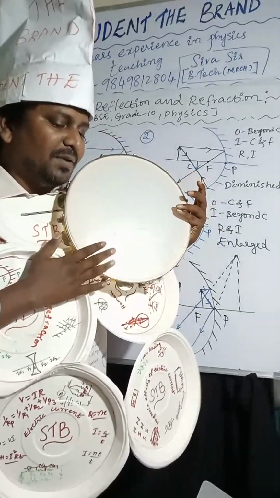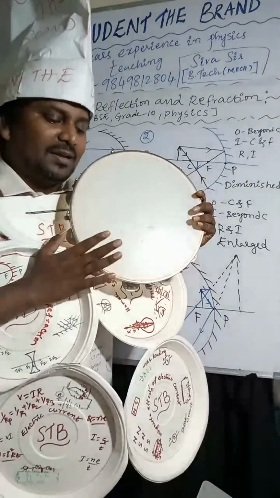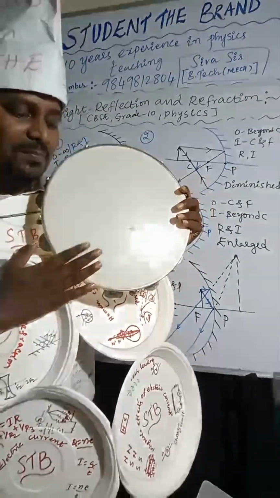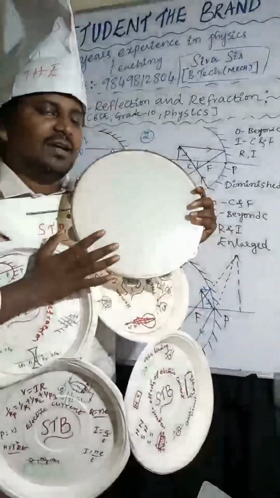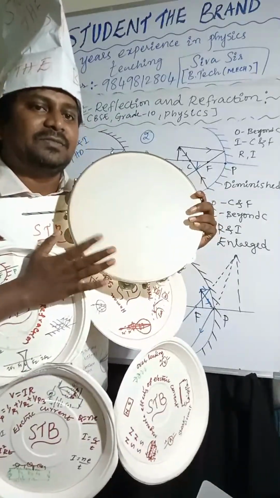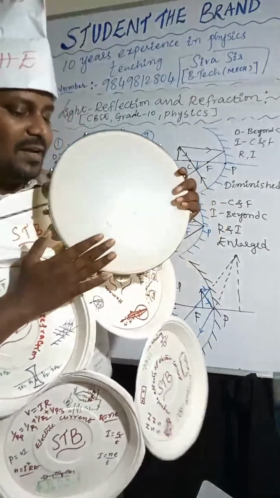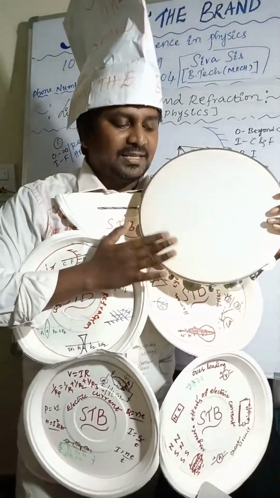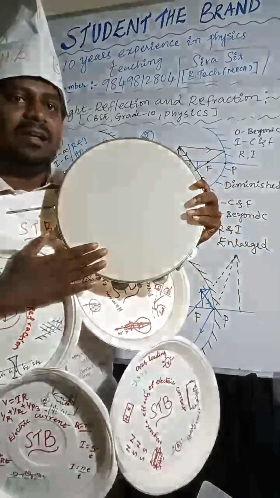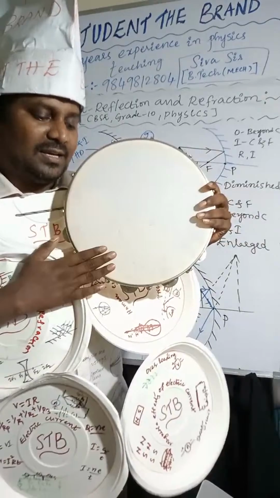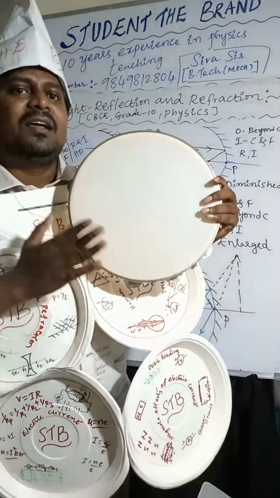Myopia, myopia, myopia. Myopia, myopia, myopia. Near distance we can see ya, far distance we can see ya. Myopia, myopia, myopia. Near distance we can see ya. Myopia, myopia, myopia. Near distance we can see ya. Far distance we can see ya.